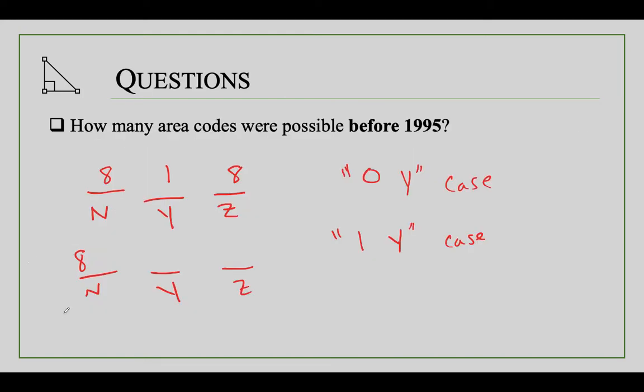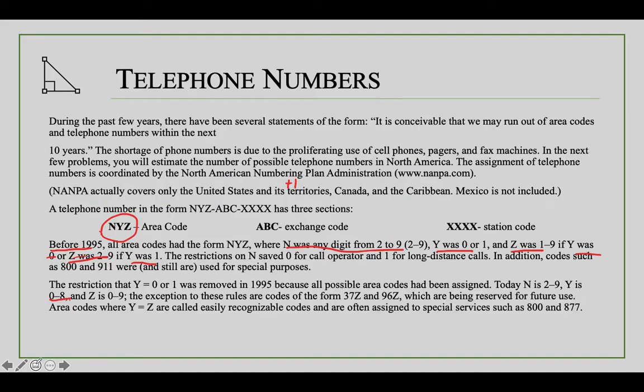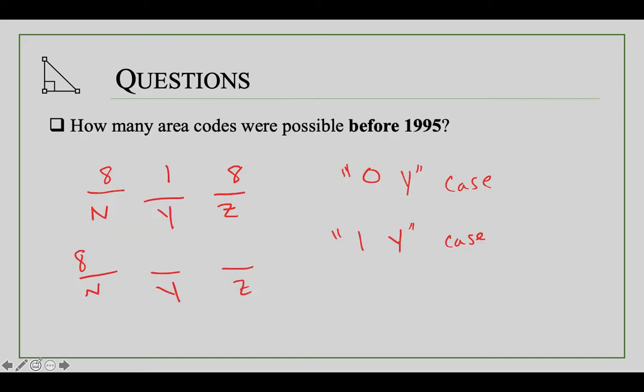Oops, Miss Danny made a mistake. So for the 0 case, Z was 1 through 9, so 9 minus 1 is 8, 8 plus 1 is 9. So the first one, pardon my error, should be 9. There we go, that makes sense now.